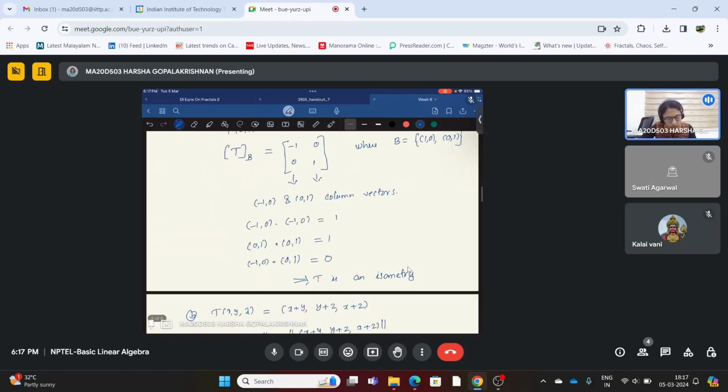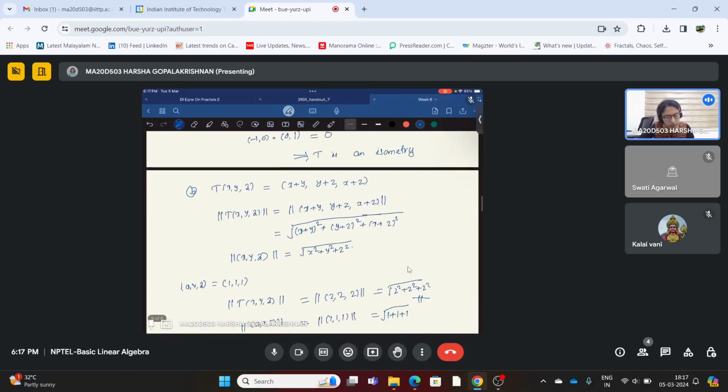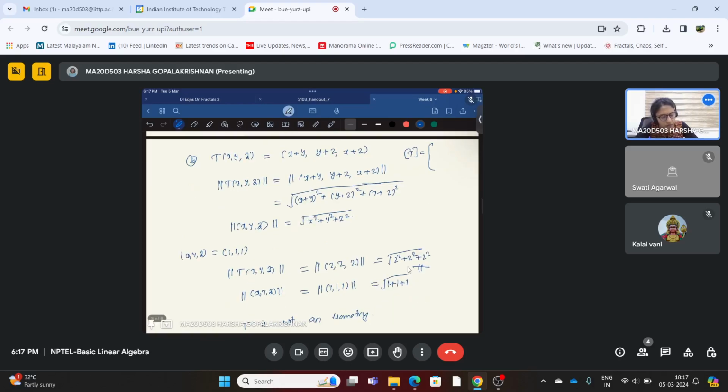And in the second one, if we write the matrix of T here, we will get 1, 0, 1 and 1, 1, 0, 0, 1, 1. Here it is not diagonal, not symmetric, and T is not an isometry. In the same way, we can say the corresponding T is not orthogonal.